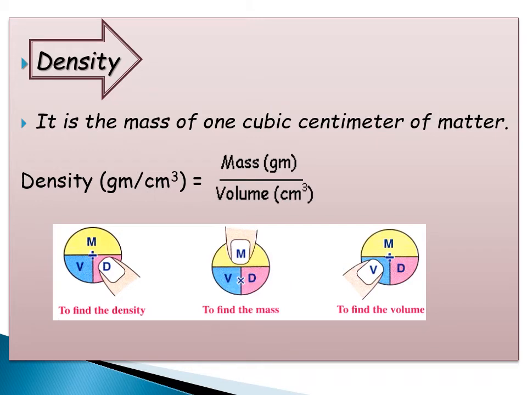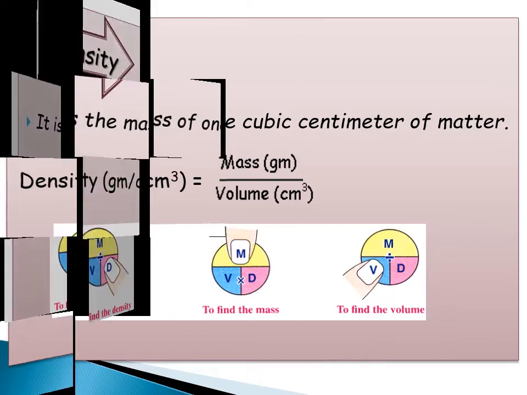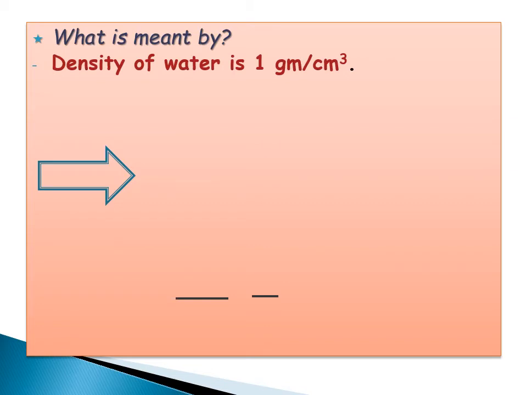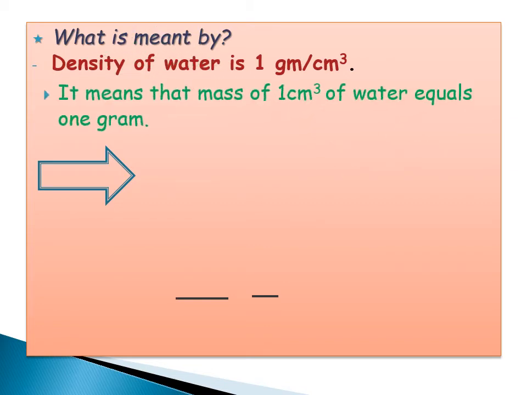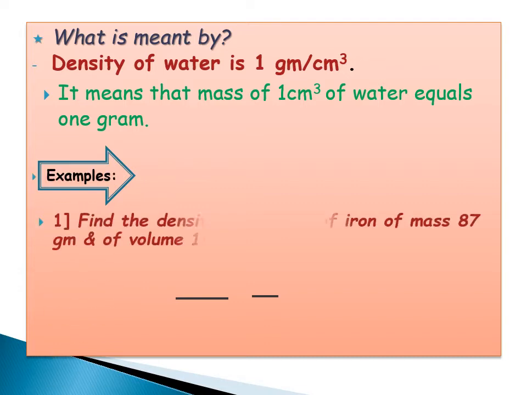So we can use this rule to calculate the density of different materials. The density of water is 1 gram per cubic centimeter. It means that the mass of 1 cubic centimeter of water equals 1 gram.